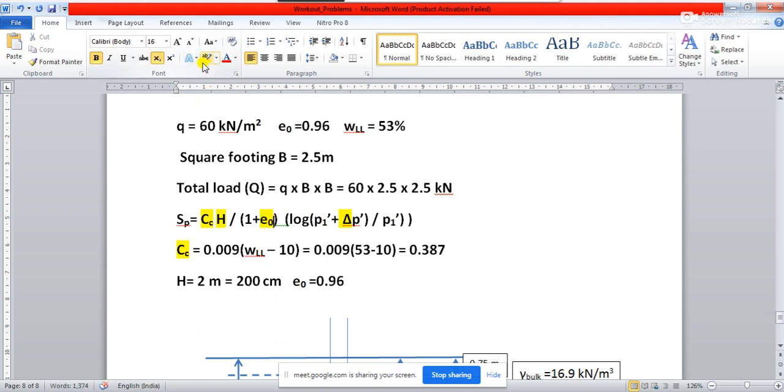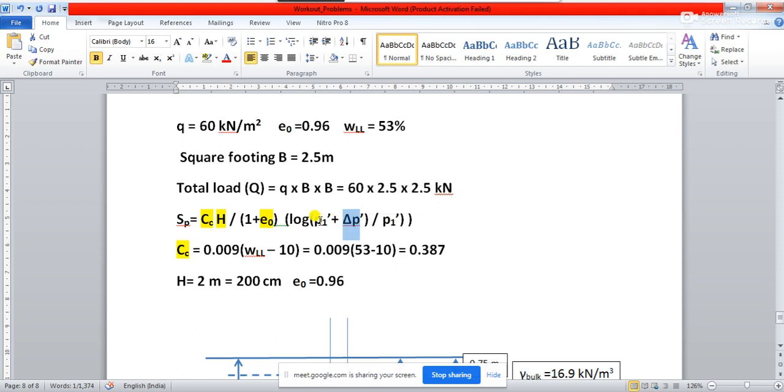Now what are the things not known yet in this problem? We don't know yet what is P1 dash, the original overburden pressure, and we are yet to know the value of delta P dash, that means the incremental pressure on the layer of the clay.